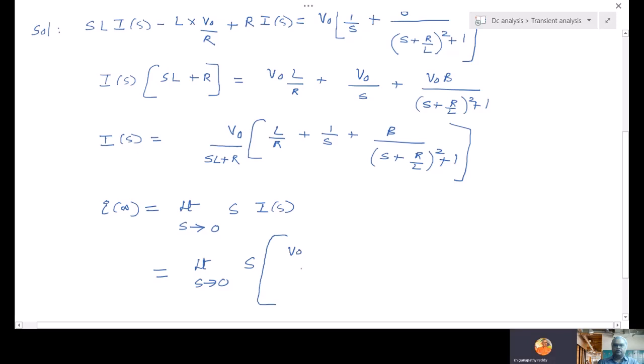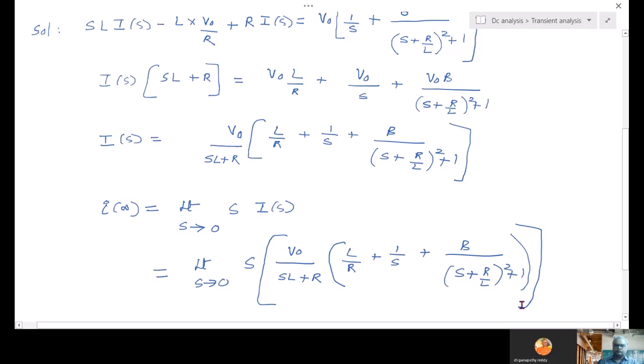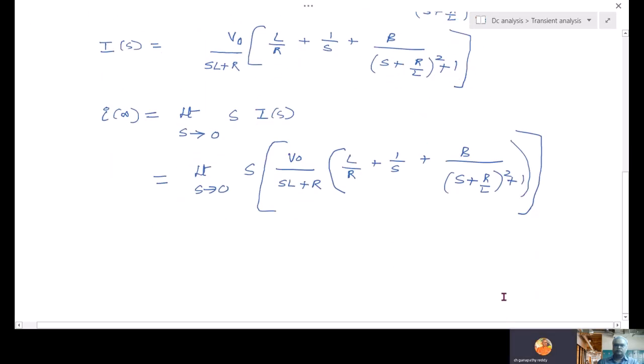So V naught by sL plus R, L by R, 1 by s plus B by s1.